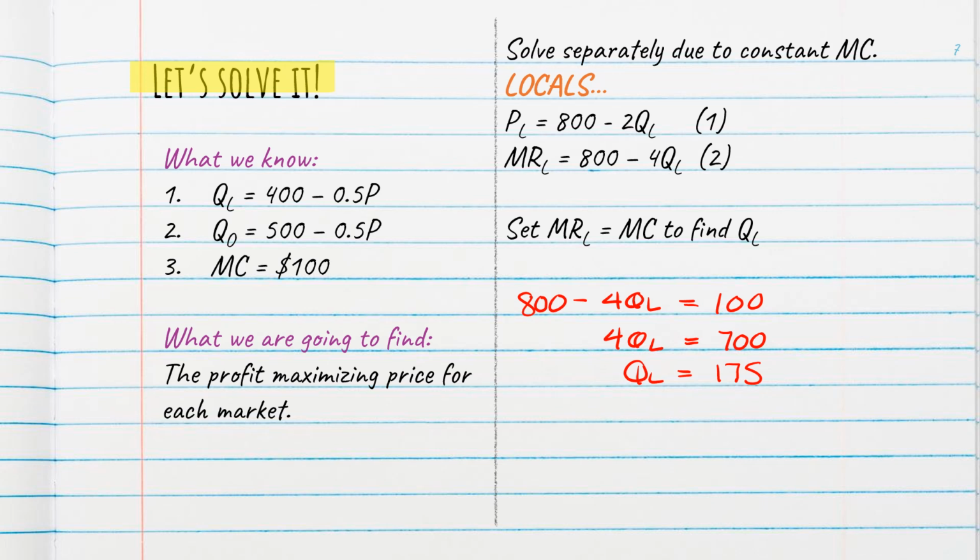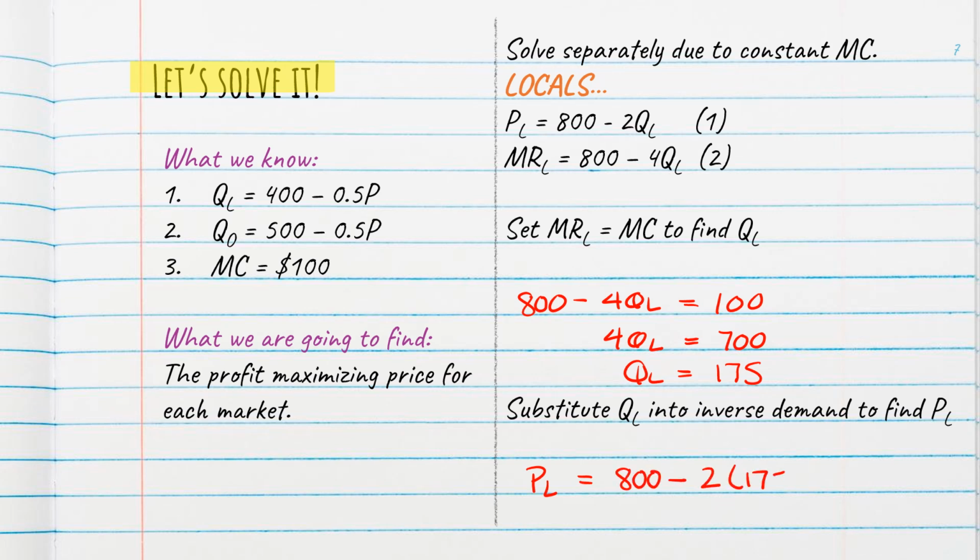Once we know how many units our firm should sell to locals, we can substitute that value into the inverse demand equation to find price. So the price we should charge to locals is equal to 800 minus 2 times 175, which is $450.